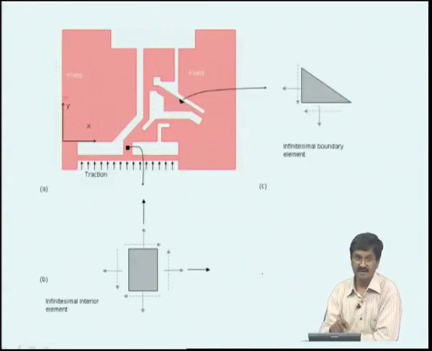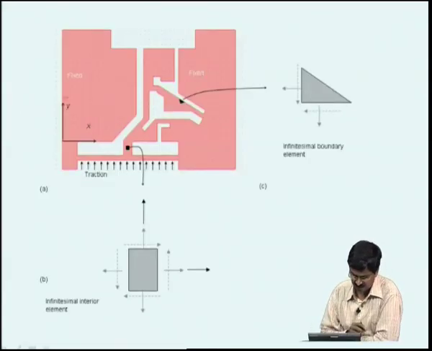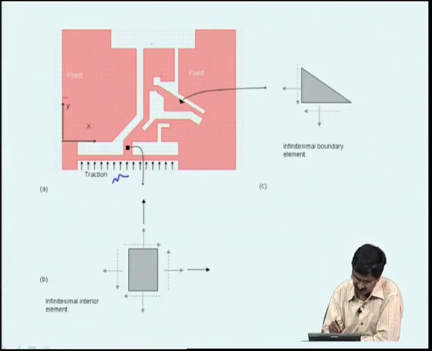Okay. So, if I take another micromechanical structure, where there is some force over here, it is going to make this platform move this way or that way, depending on the force direction.